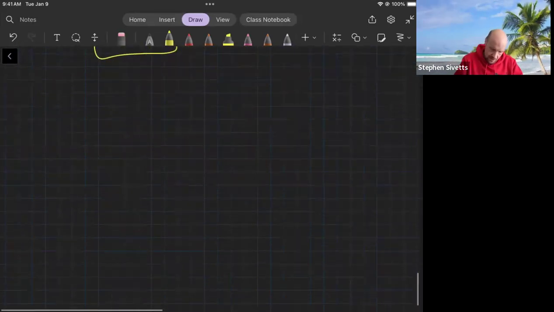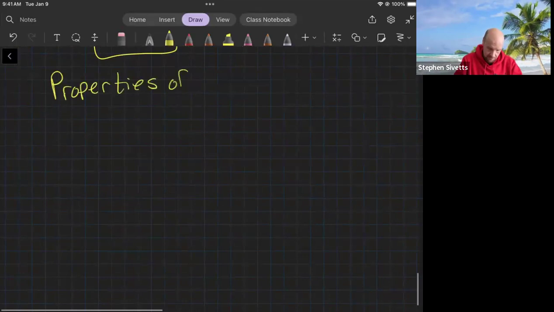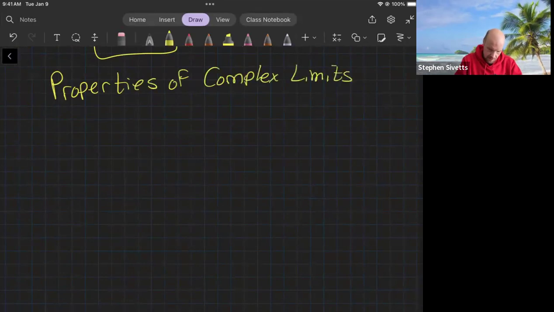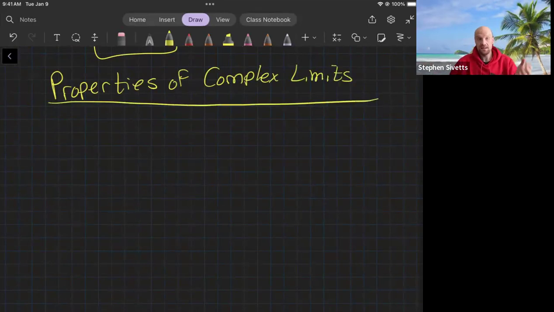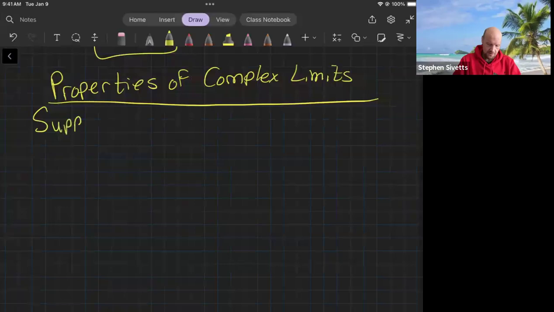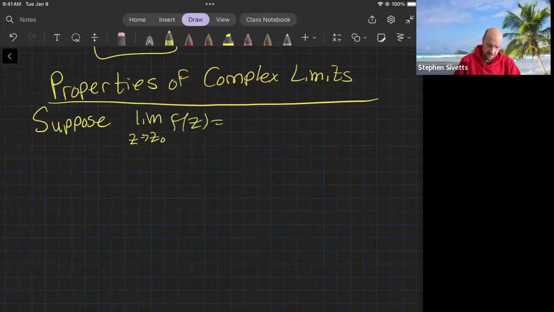And also we'll look at different properties of complex limits. They will be the same as you have seen in Calc 3, right? Suppose that the limit as z approaches z naught of f of z is L, and the limit as z approaches z naught of g of z equals m.